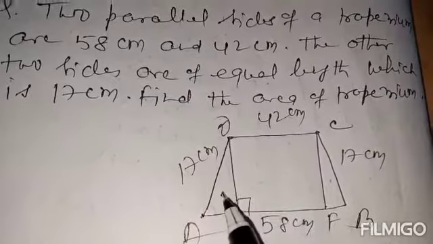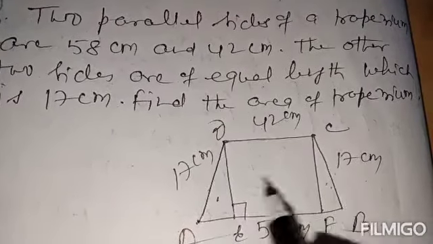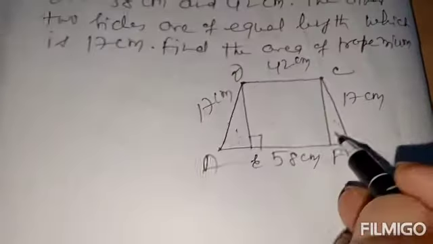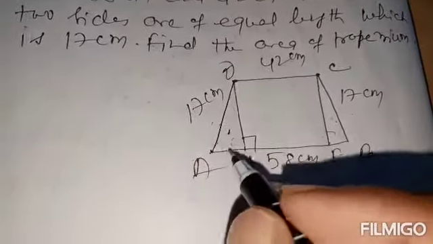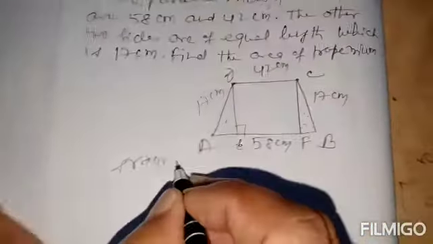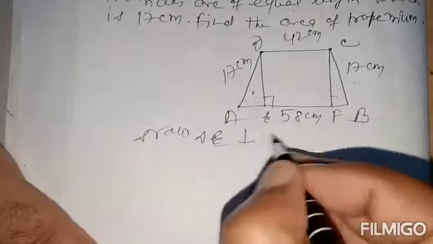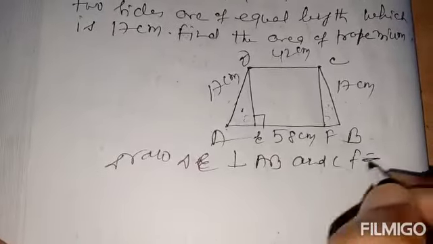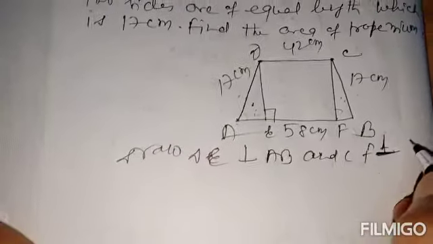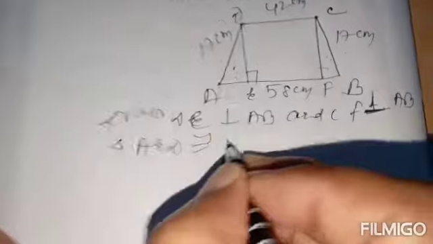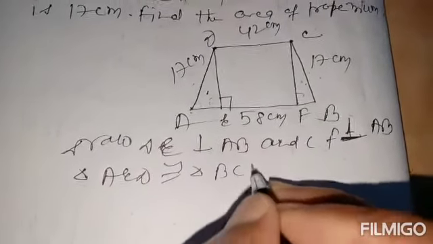Here both triangles are congruent because these two sides are equal, the perpendicular distance is also equal, and one angle is 90 degree, so both are congruent. Then triangle AED is congruent to triangle BCF.